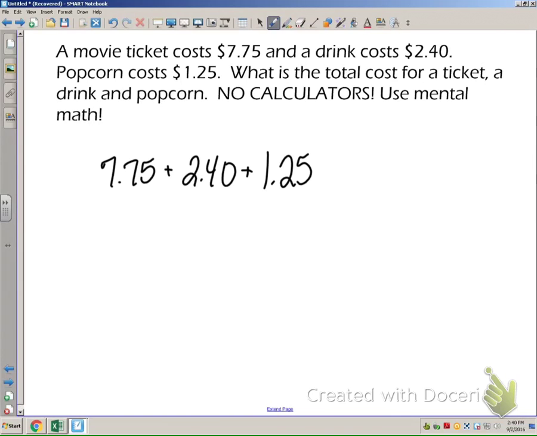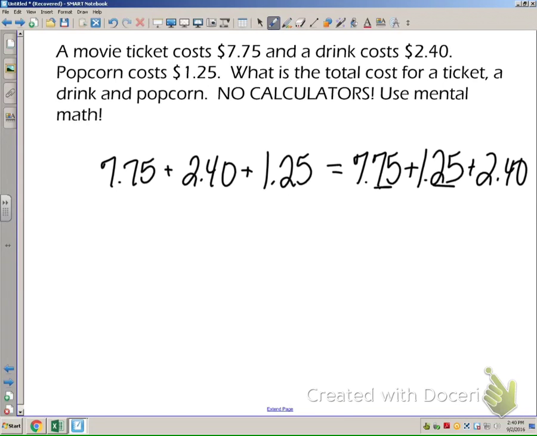Now, if we're using mental math and not a calculator, it's going to be kind of hard to do 75 cents plus 40 cents in our head and then add 25 more cents. It makes more sense to put the $1.25 by the $7.75, because then 75 and 25 we know adds up to a whole dollar. So that'll be a lot easier to do.